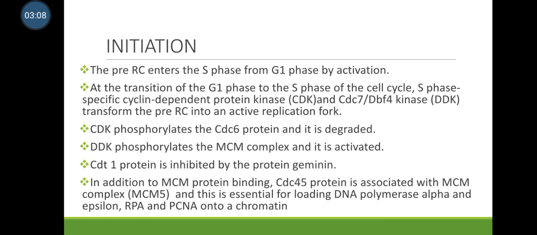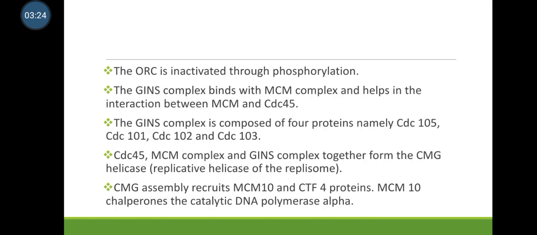In addition to MCM binding, CDC45 protein is also associated with the MCM, which helps the loading of DNA polymerase alpha, epsilon, RPA, MCM, and PCNA onto the chromatin. The ORC is inactivated through phosphorylation.